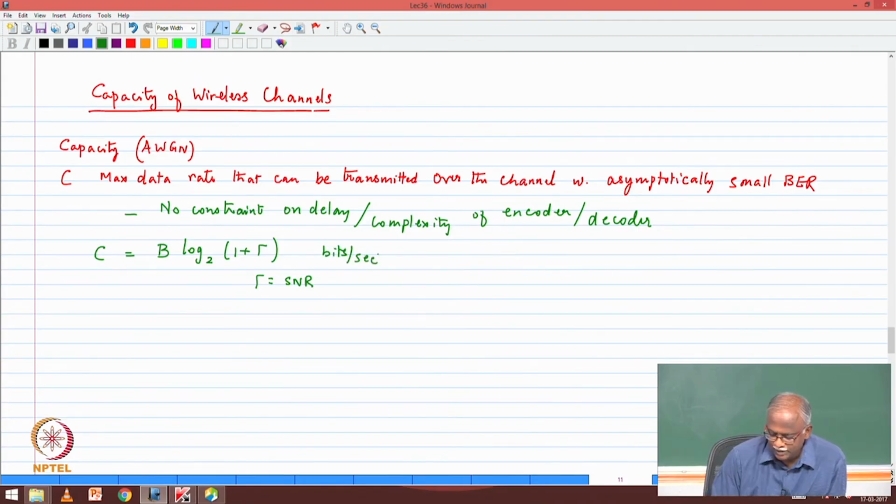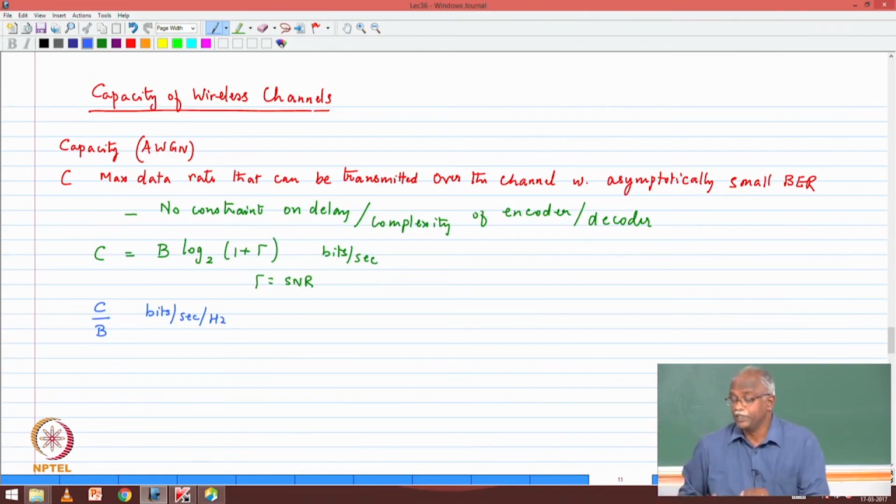That's the capacity theorem. Very often we also look at C divided by B, capacity per unit bandwidth, in bits per second per hertz. That's a good way to compare different systems, because one may be 30 kilohertz, another 200 kilohertz. How do you compare the two? Look at the normalized capacity per unit bandwidth.